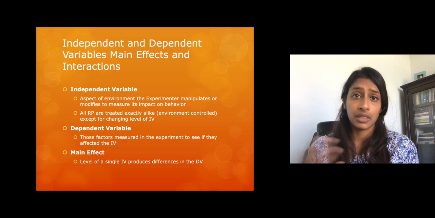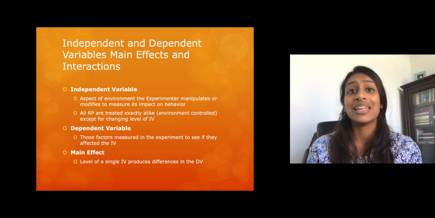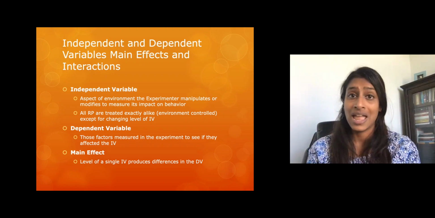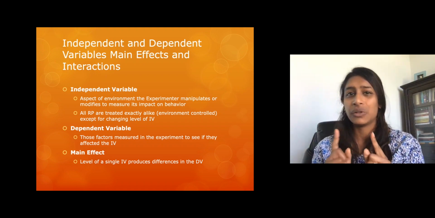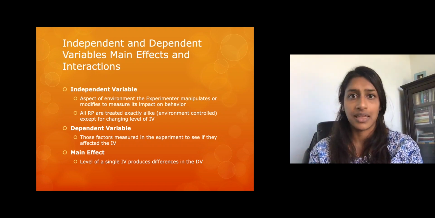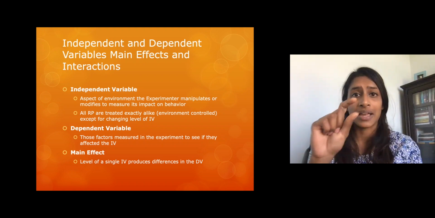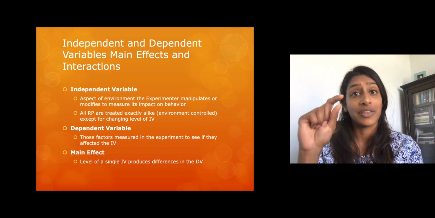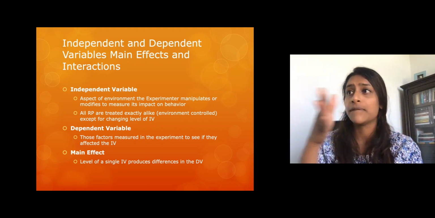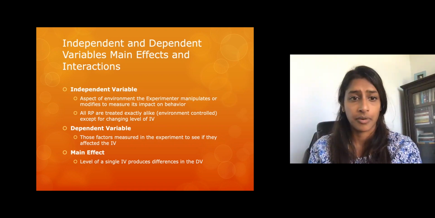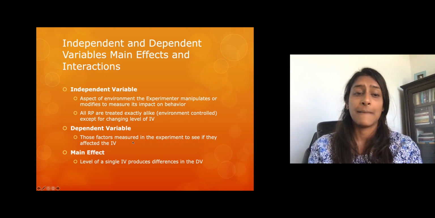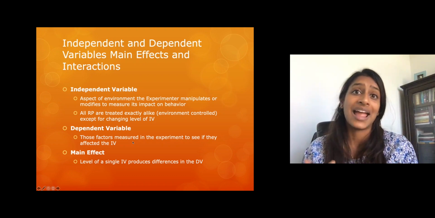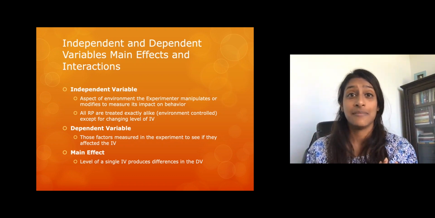I'm not manipulating the problems people have. I'm manipulating the money that I'm giving people. And I'm seeing if the amount of money that I give people influences the amount of problems that they have, right? So I'm seeing how my independent variable, the variable that's being manipulated, influences my dependent variable. So my DV then is going to be measured in my experiment by how it's affected by the independent variable.